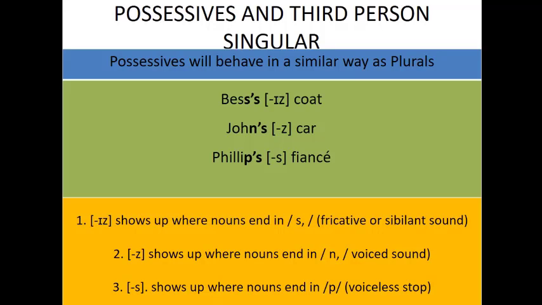Now, these possessives are also pronounced differently. Look at the difference there. John's, Philip's best coat, John's car, Philip's fiancé.